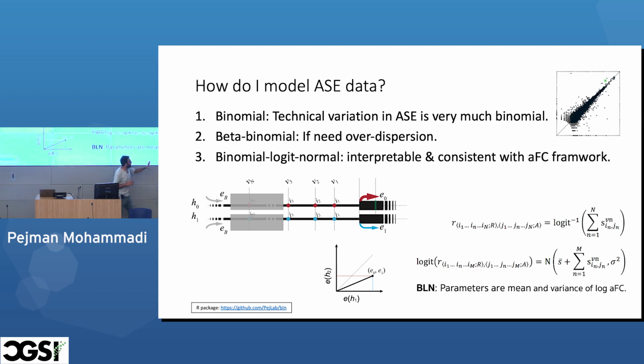If you generally don't know anything, it's just a normal distribution with a zero mean. The cool thing is that, for a lot of statistical reasons, it's not that different from beta binomial. But if you're interested in interpreting the values you get out of it, it gives you values in the same units as everything else you're doing. The units of these parameters for your distribution are still log fold changes.